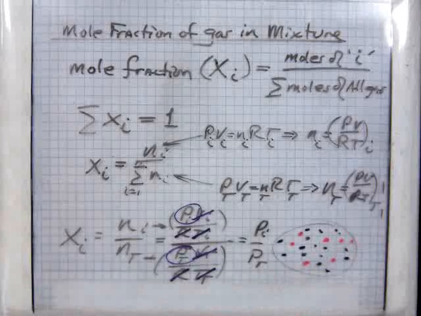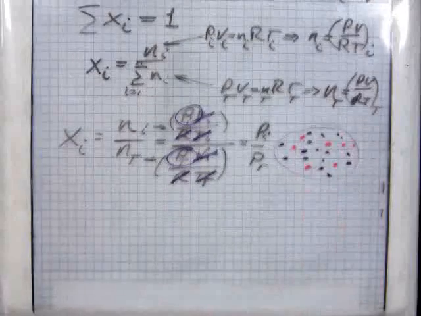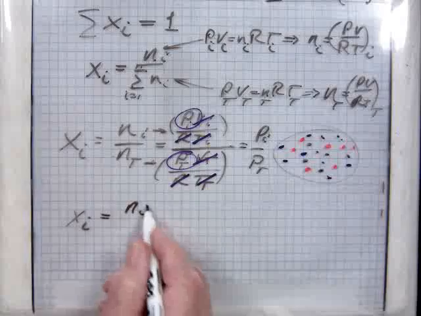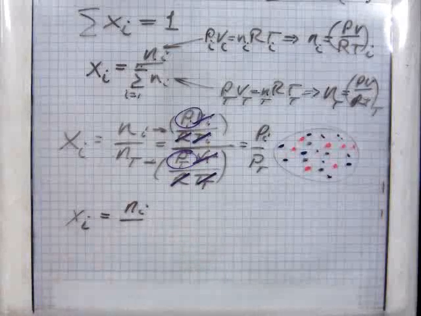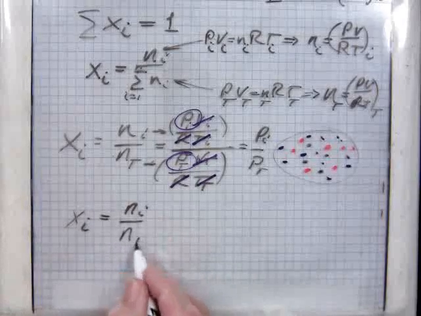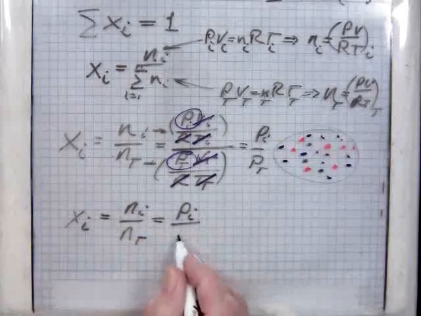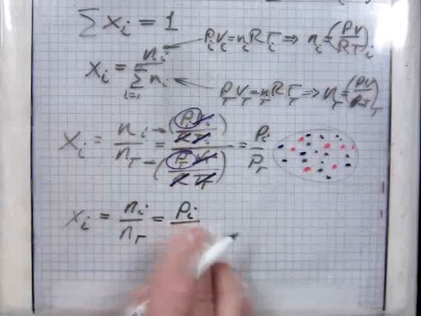Now, what I'm trying to do is show you where all this comes from, but what you will use from a practical standpoint is: mole fraction of i, the moles of the individual component over the total moles, is equal to partial pressure over total pressure.